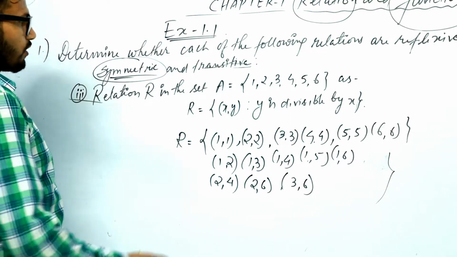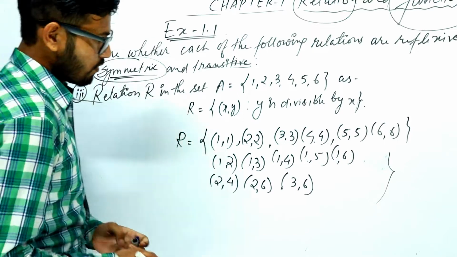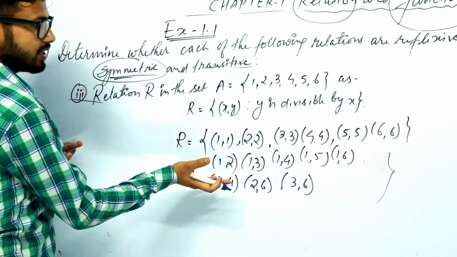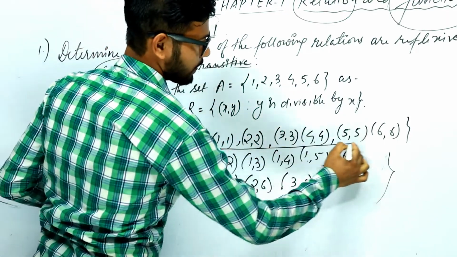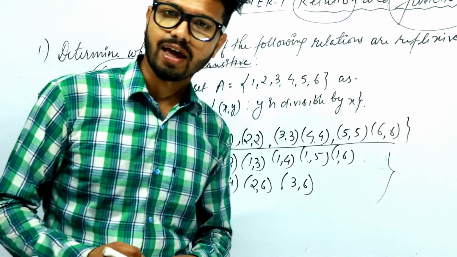Now let us proceed with the following concept, whether it is reflexive, symmetric or transitive or not. From this relation, can we see (1, 1), (2, 2), (3, 3), (4, 4)? Yes, all the repeated identity elements are present.